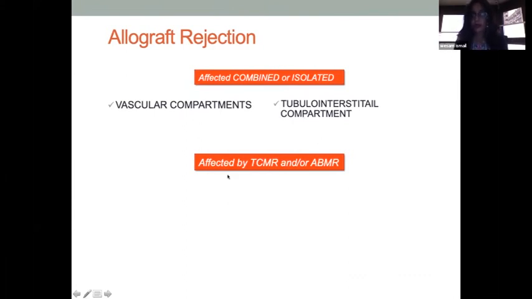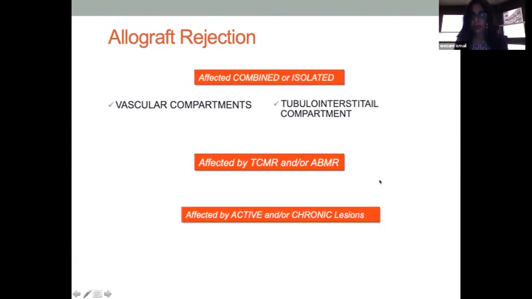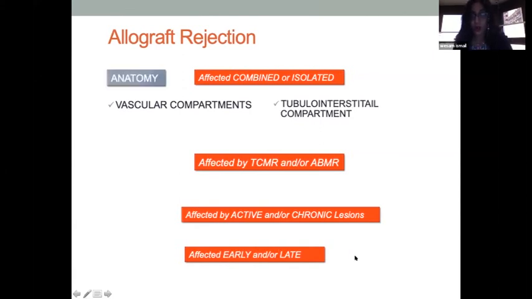Both compartments can be affected by both T-cell mediated rejection and antibody mediated rejection, by active or chronic lesions, and early or late. This is anatomy, this is mechanism, this is type of rejection, and this is time. And so patients can present with all types of different combinations of rejection, so please always remember that.